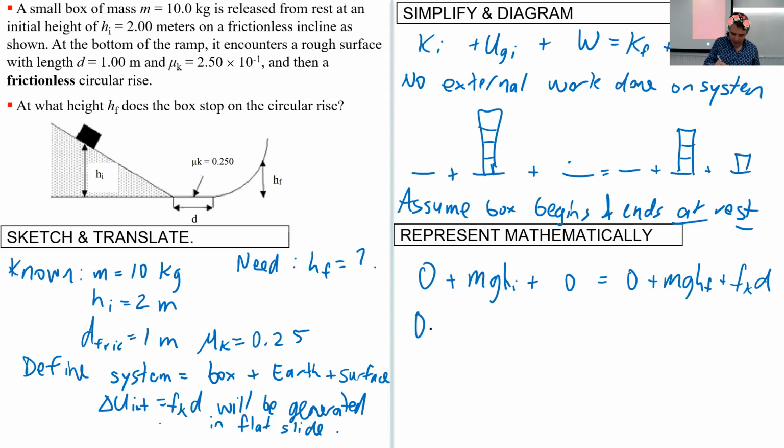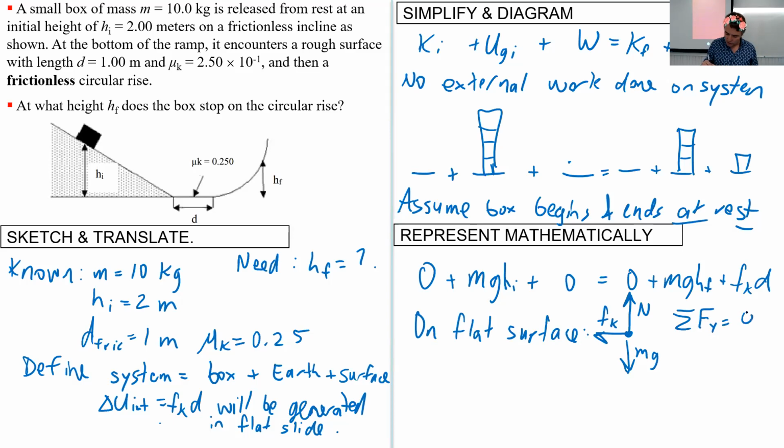And then the other thing is that on a flat surface, if the normal force is up and F sub k is backwards and mg is down, then the sum of all the forces in the y direction is equal to 0 because it's not accelerating up or down. That's going to be 0 equals the normal force minus mg. So basically, the normal force equals mg.